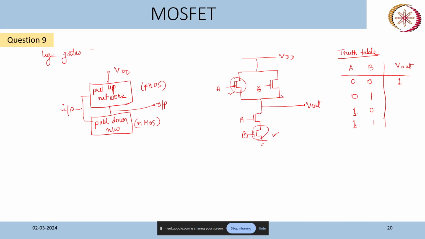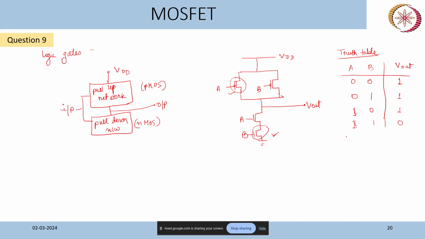So this point is not connected to ground, but since this MOSFET is on, it is still connected to VDD, so the output will also be 1. Similarly, for 1 0 also it is 1. When both are 1 1, these PMOS will be off and these two NMOS are on, so V output will be connected to ground, so it is 0.